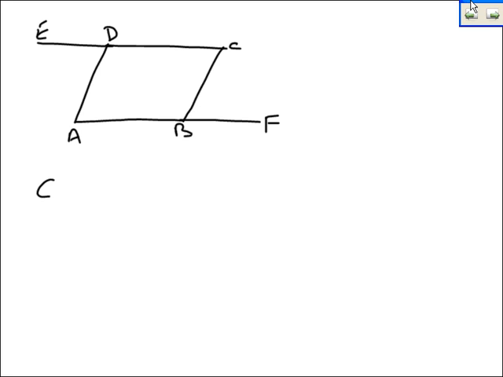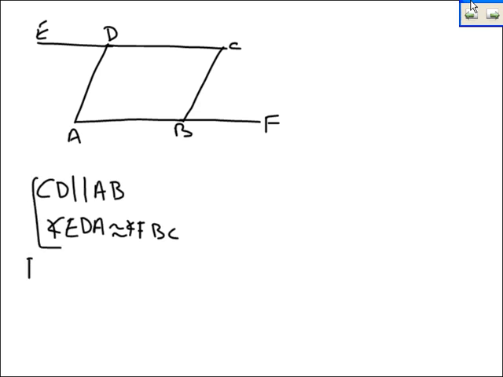And again, you were told that one pair of sides are in fact parallel. And the big one is that angle EDA is congruent to angle FBC. And that's the given. And you want to prove that ABCD is a parallelogram.